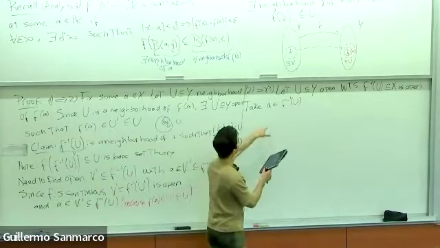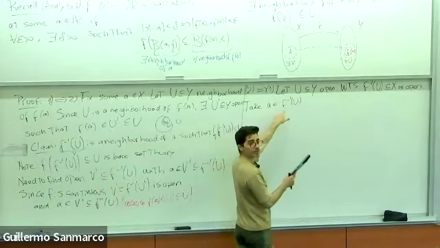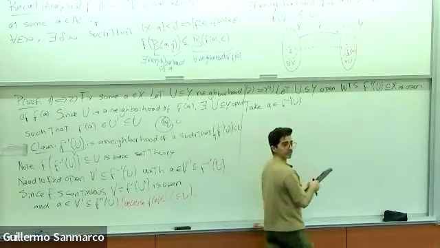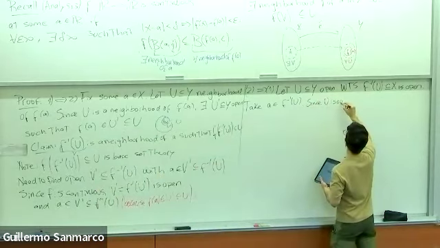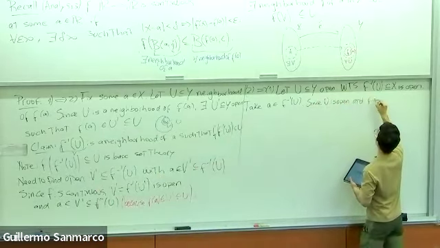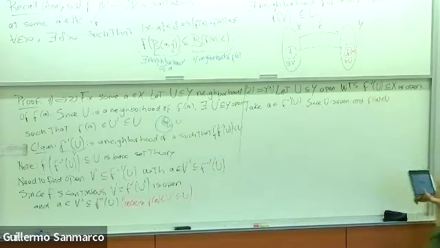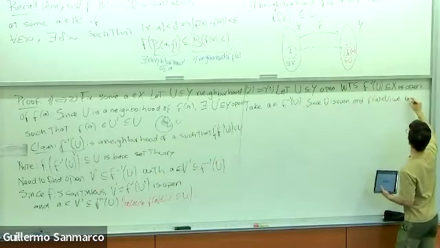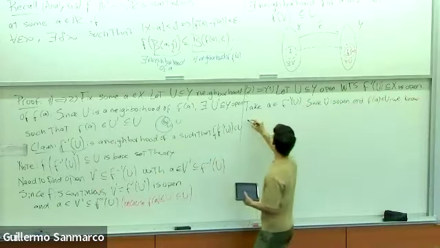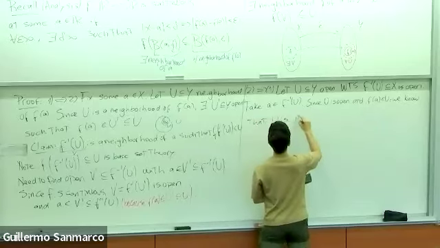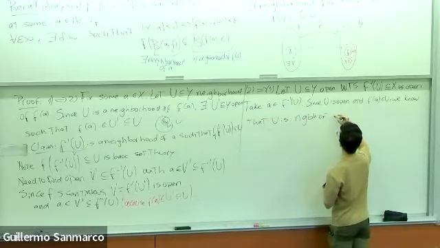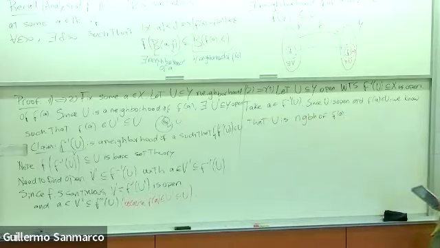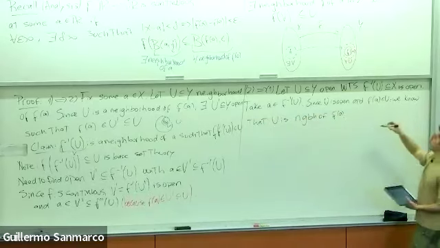Now, when you apply F to A, since U is open and contains F of A, we know that U is a neighborhood of F of A. Now I can use my property 2.